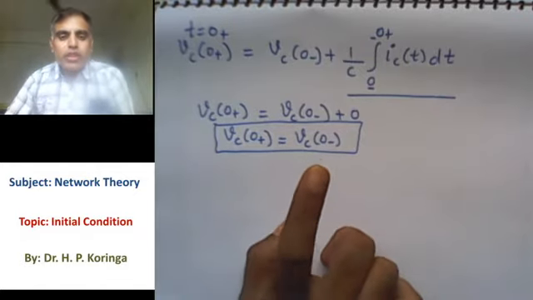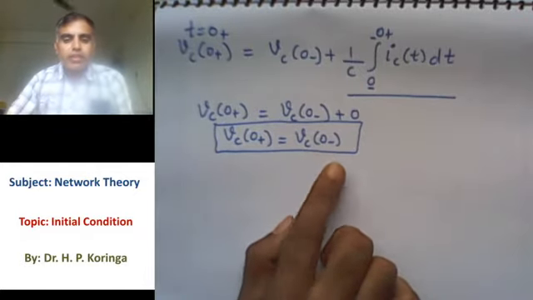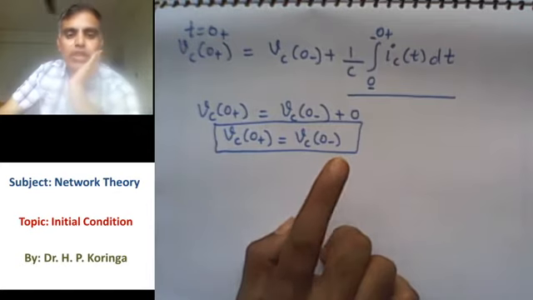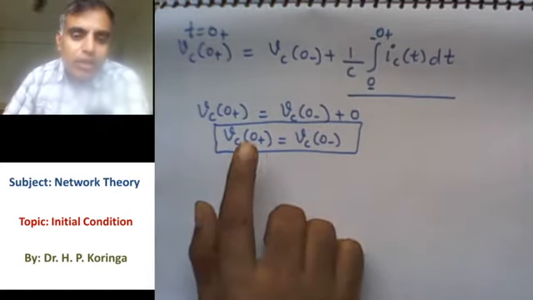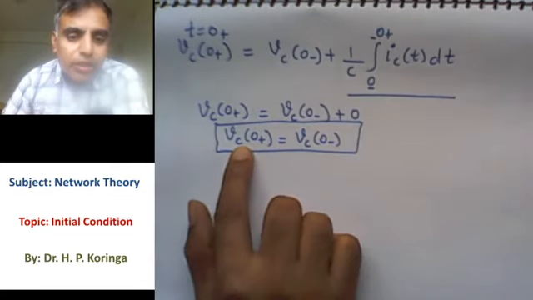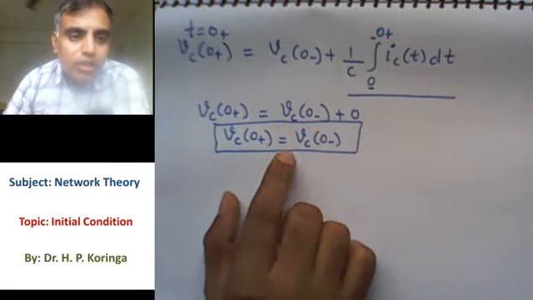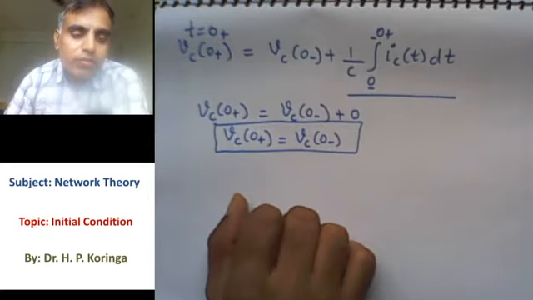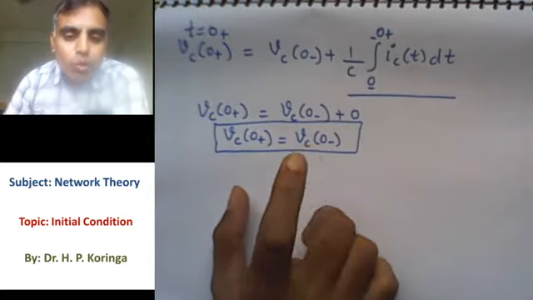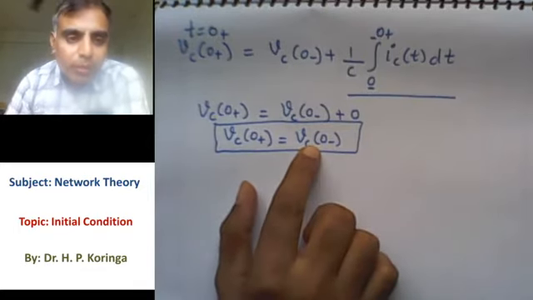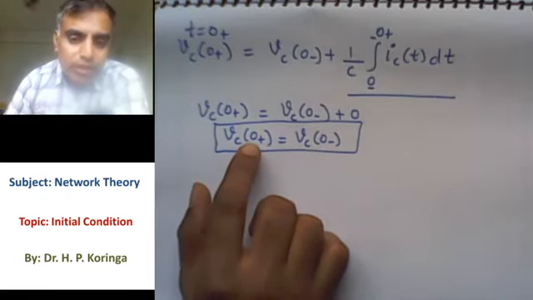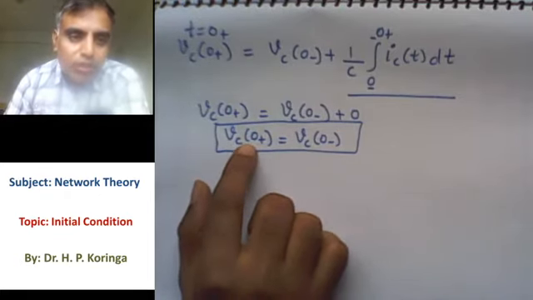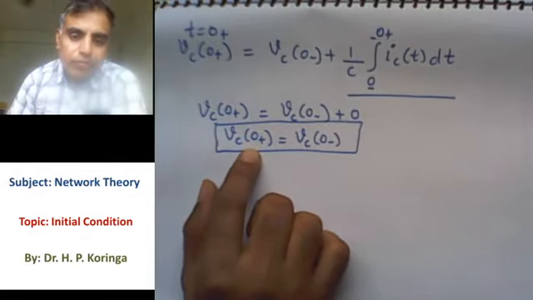This statement, this equation, says many things. Its physical interpretation says the capacitor does not allow an instant change in voltage. Means whatever the voltage across the capacitor before the switching last moment, the same voltage is across the capacitor after the switching first moment, right.